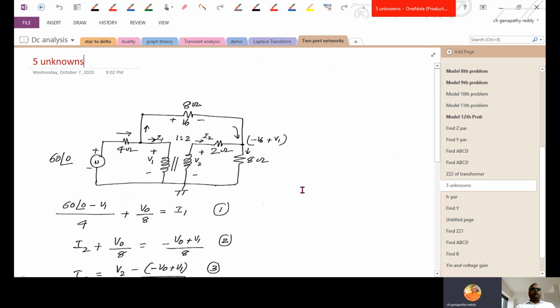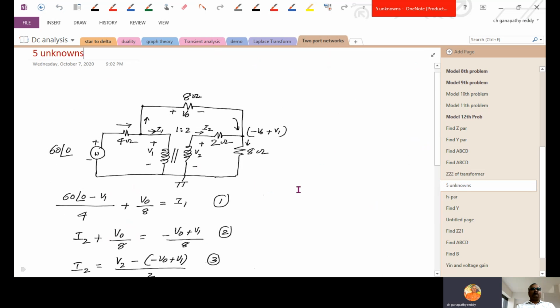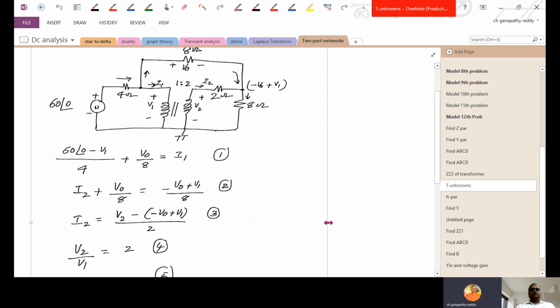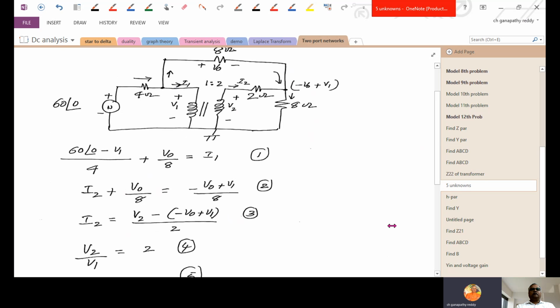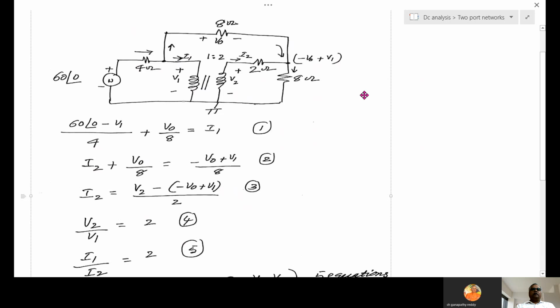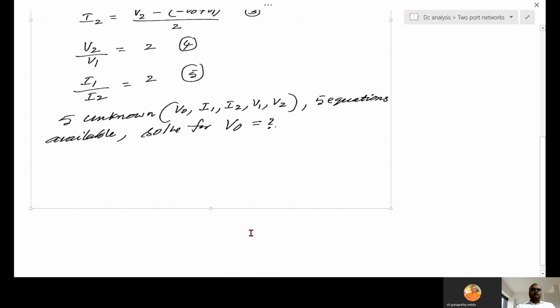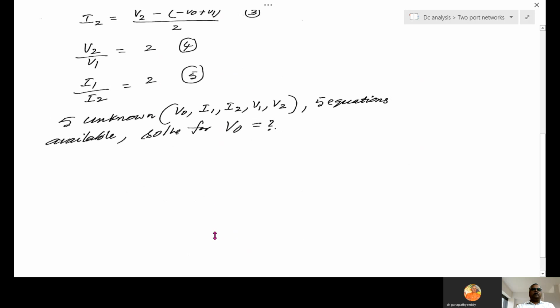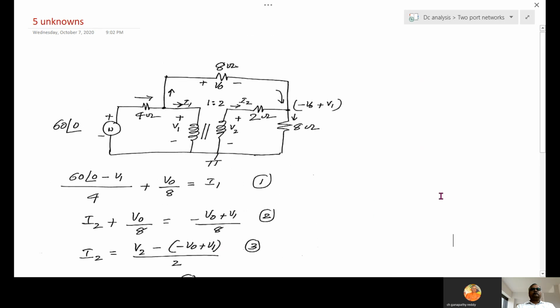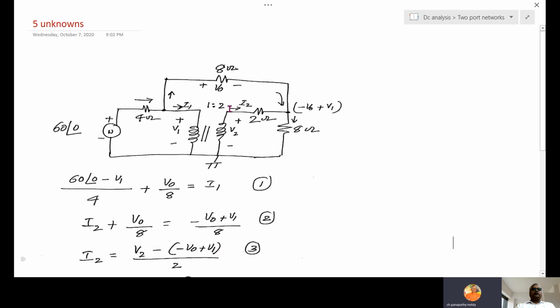So this is another problem. Here also a transformer is there. Very simple. Transformer.